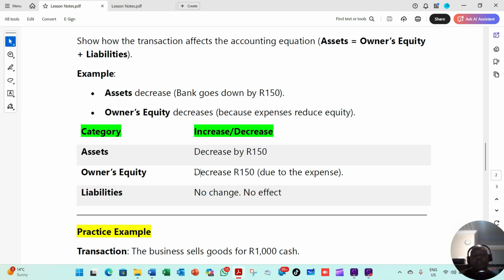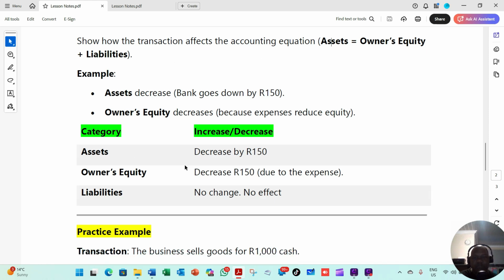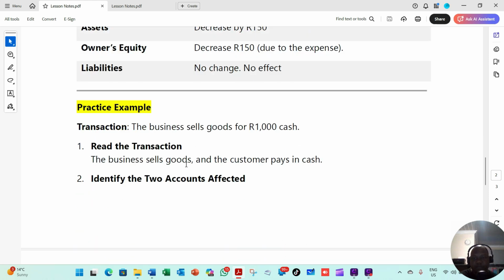So if we need the formal way, it will be minus 150 under the asset category here. Under here, it will be minus 150. Minus 150 is equal to minus 150 and then plus 0. That will be our full accounting equation.